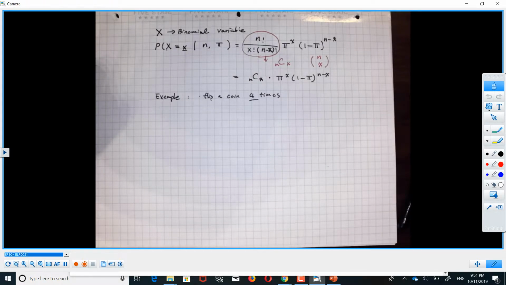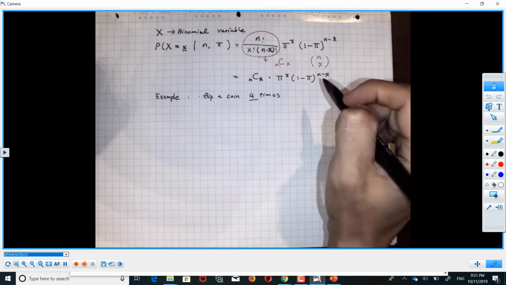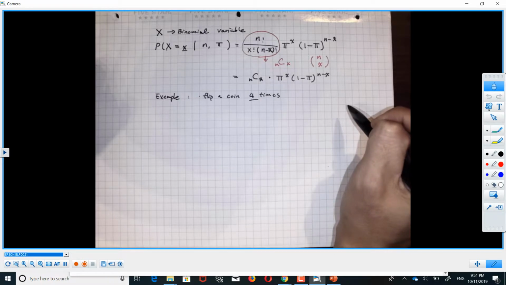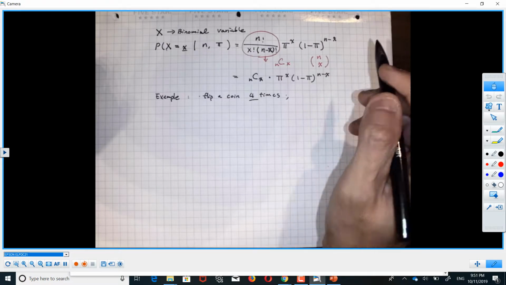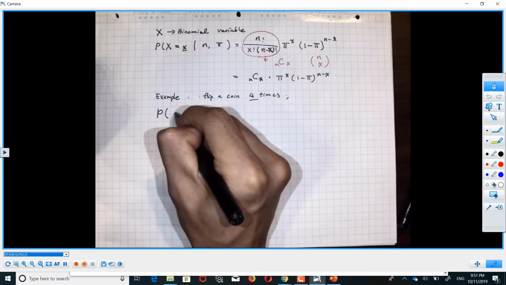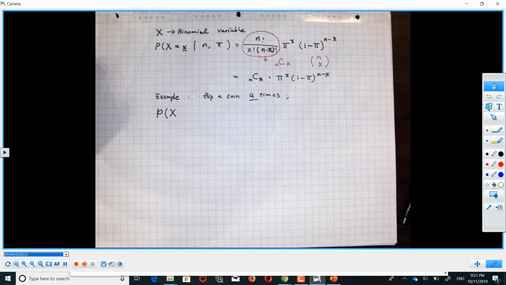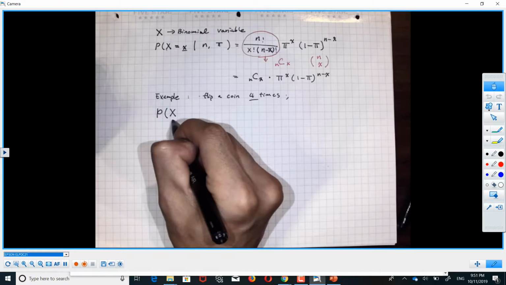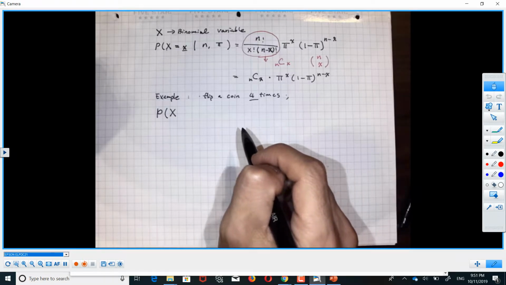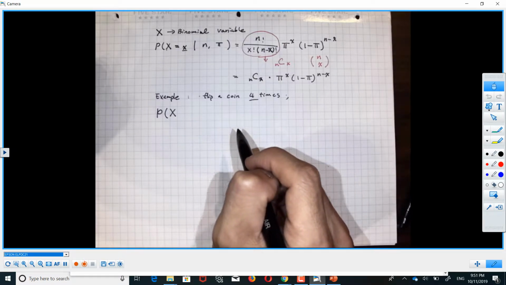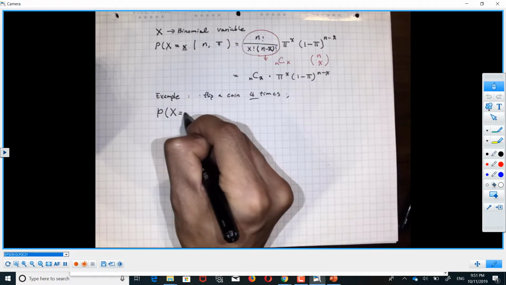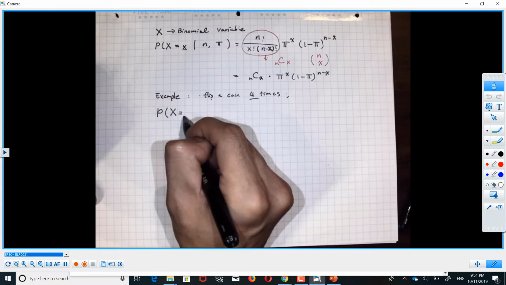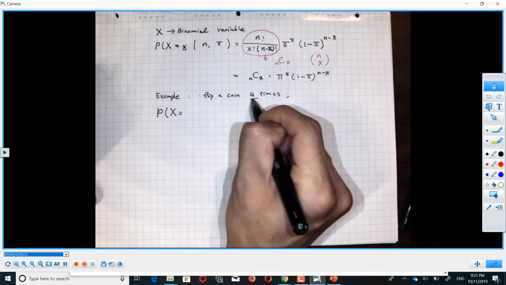And so in this case, if you want to find the probability, you know that x is a random variable, the binomial random variable. Say we want to find the probability of having 3 heads when you toss your coin 4 times.